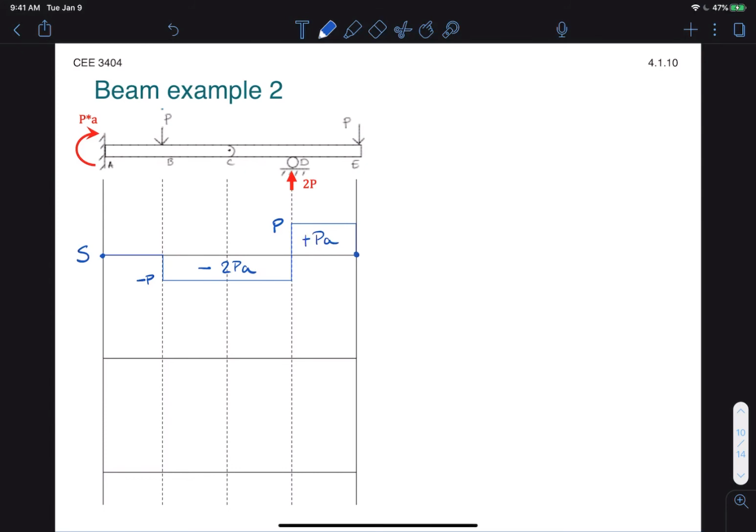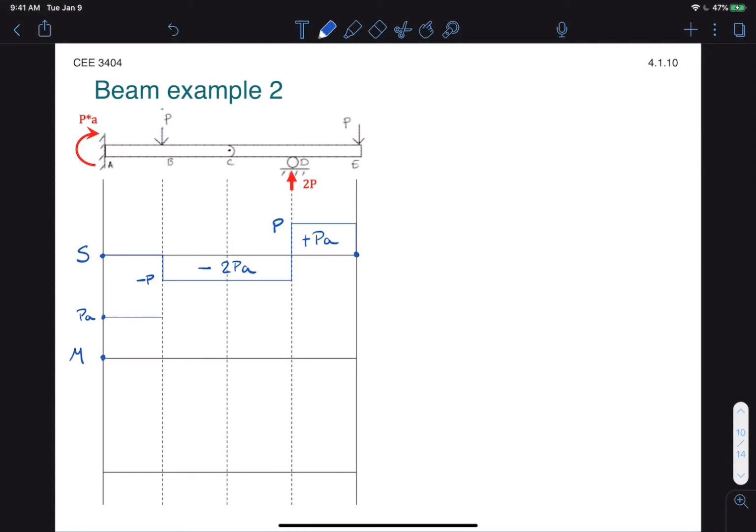So we're going to draw the moment diagram next. We have a clockwise moment that is a jump up to PA, then no shear, so that's constant.